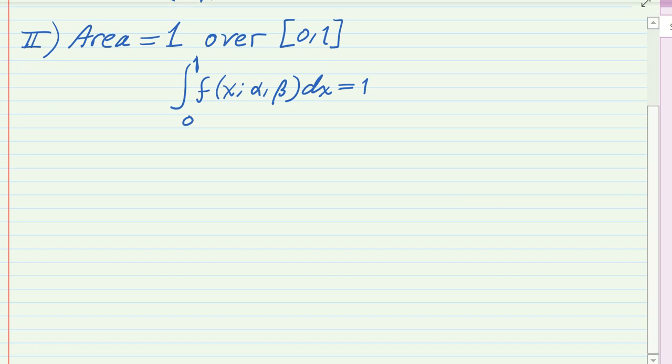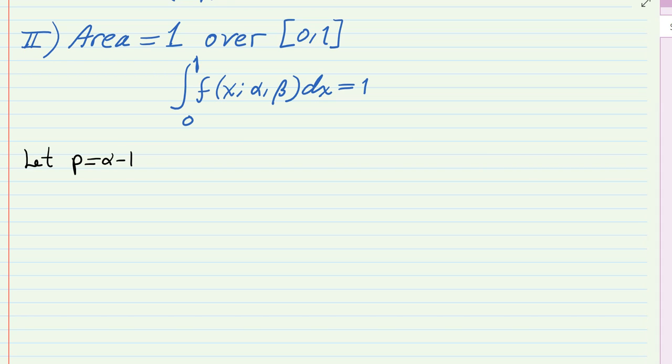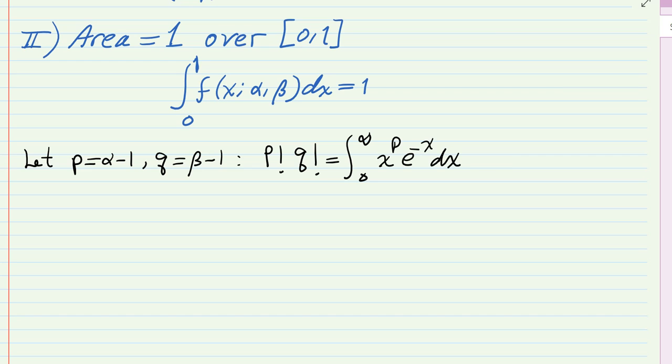What are we going to do first? I'm going to start by letting p be alpha minus 1 and q be beta minus 1. So that if I write p factorial and q factorial, that's going to be the integral from 0 to infinity of x to the p e to the negative x dx.